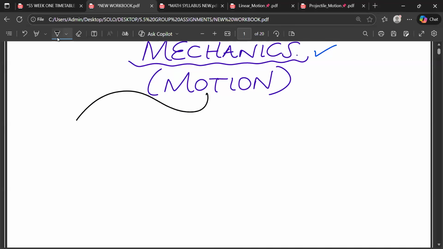So I've told you that basically motion has motion in a straight line. So we are going to cover basics, motion in a straight line.